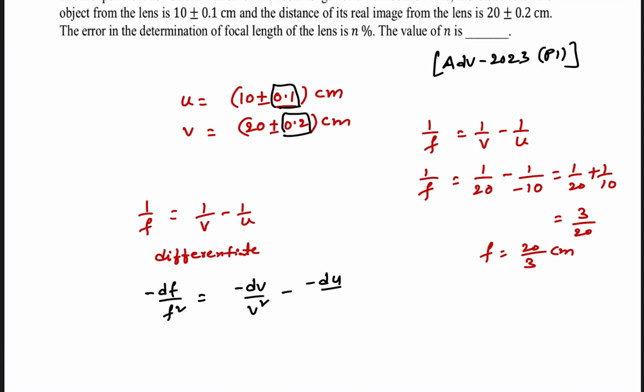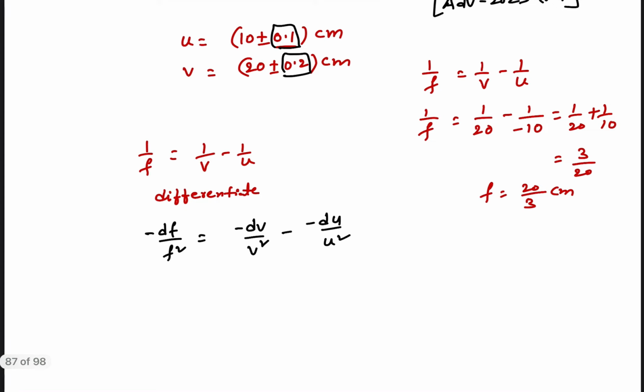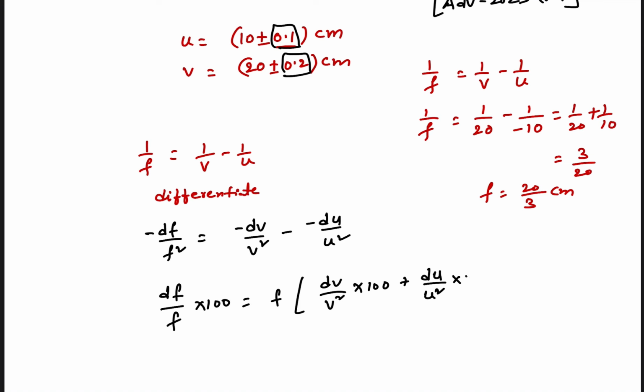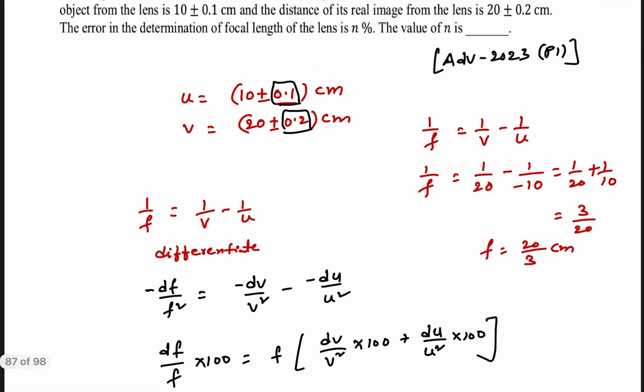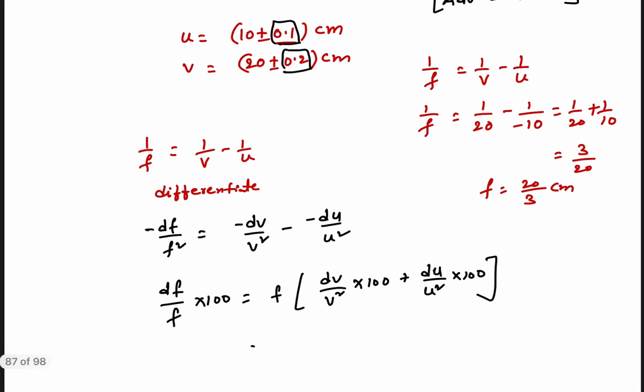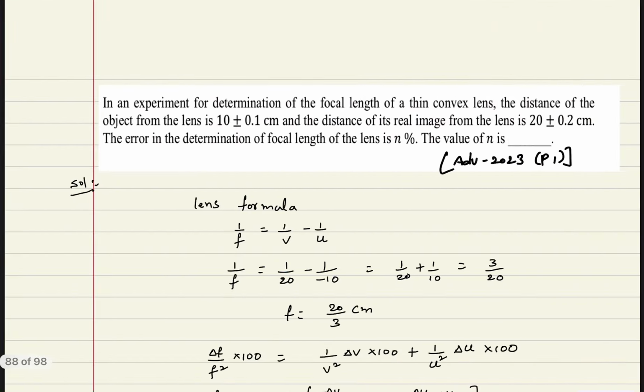Minus df by f square is equal to minus dv by v square minus du by u square. As a whole, df by f into 100 is equal to f into (dv by v square plus du by u square) into 100.